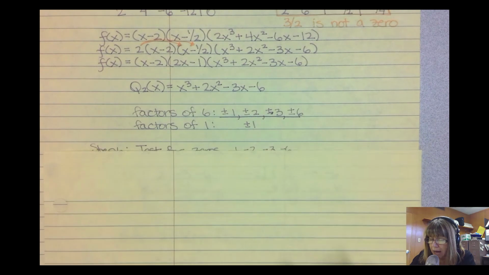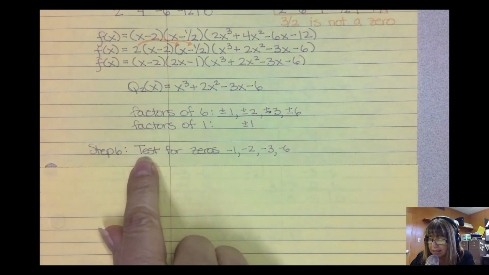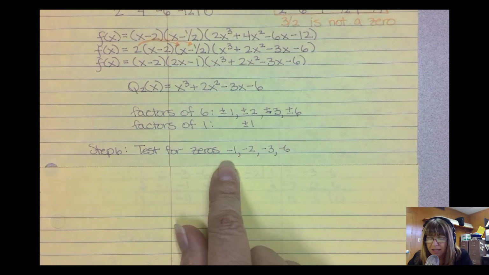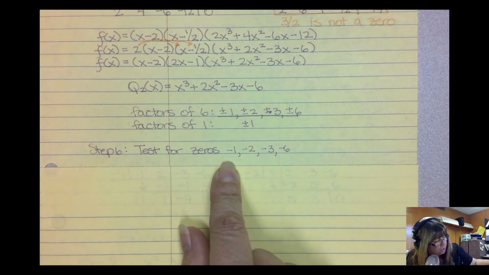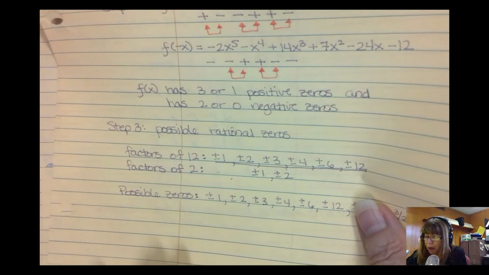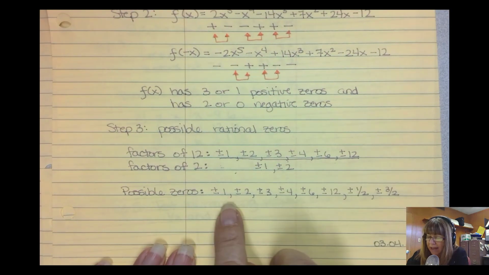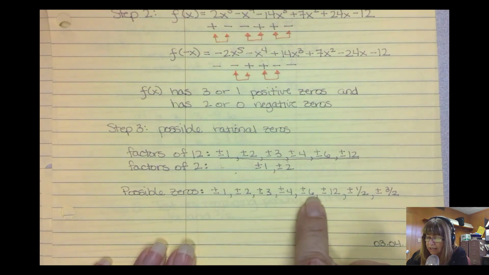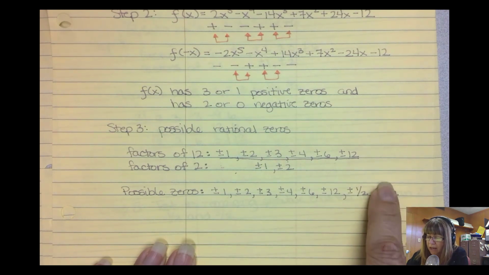So I am now going to test the negatives for the zeros, not the positives. The only possible zeros I could have in positives were 1, 2, 3, 4, 6, 12, 1/2, and 3/2.